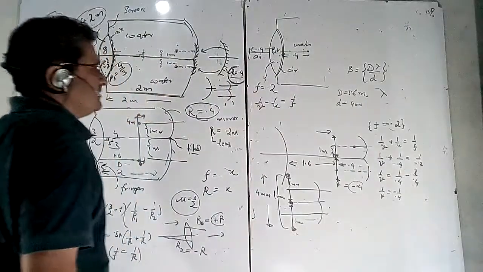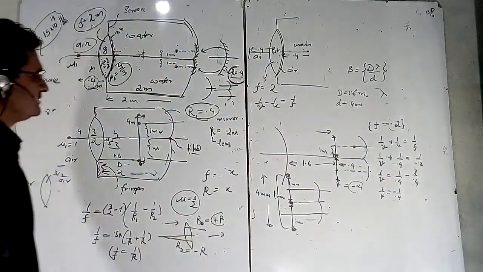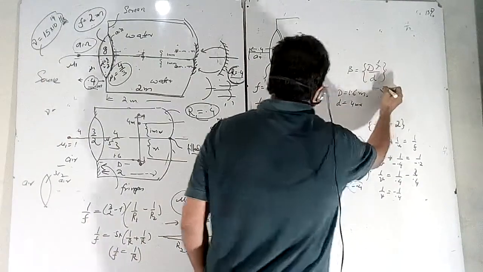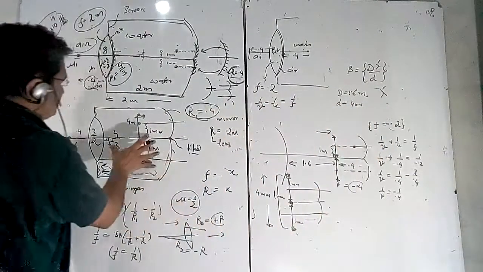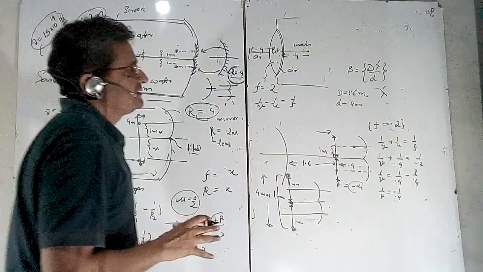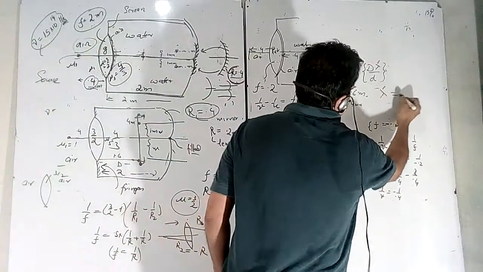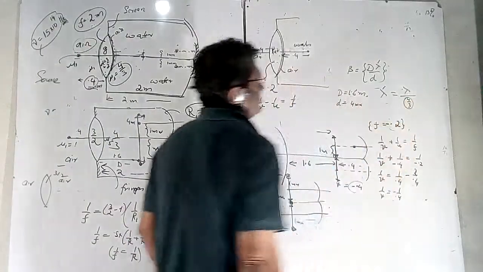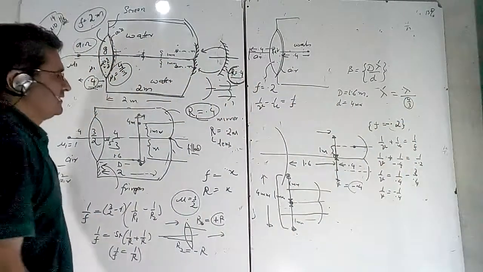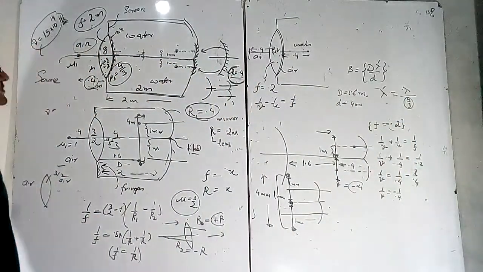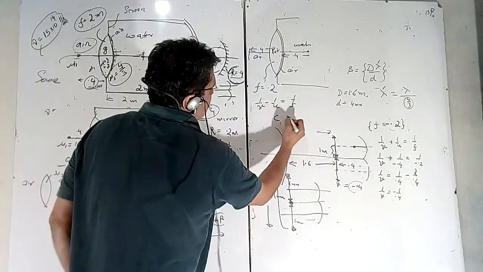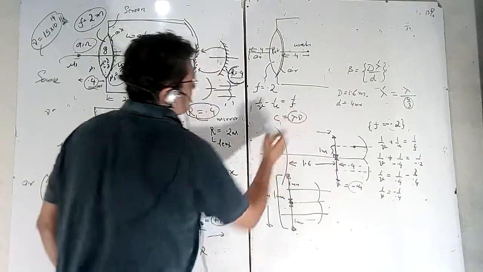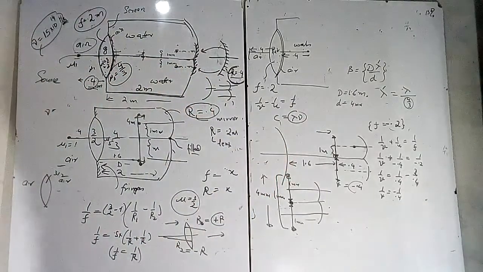And lambda is how much? In this case, be very careful that lambda will be, or let me write lambda dash, because when you do not have air, if there is any other medium, use lambda dash, and lambda dash will be lambda upon 4 upon 3, meaning the refractive index of water. And what is the relationship? Speed of light is equal to lambda mu.